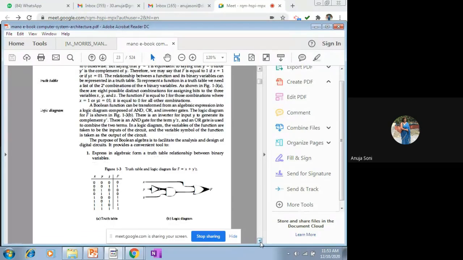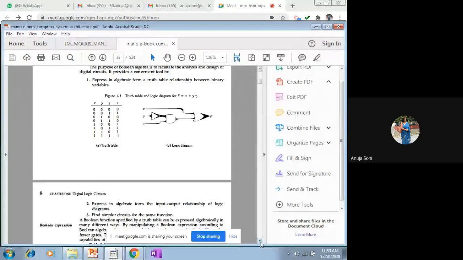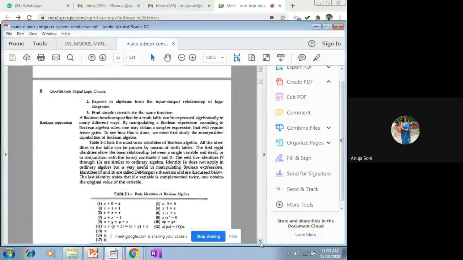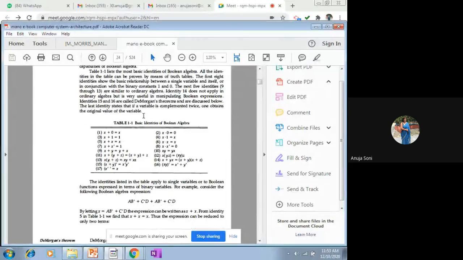One method to simplify the Boolean expression is to make use of built-in Boolean identities. On the left-hand side, these identities are given for the OR gate, and on the right-hand side, they are given for AND gates. The very first identity says that x plus 0 will always be equal to x, where the value of x can be either 0 or 1.